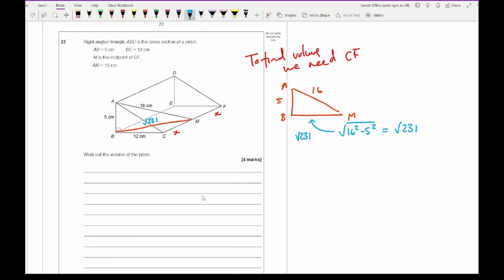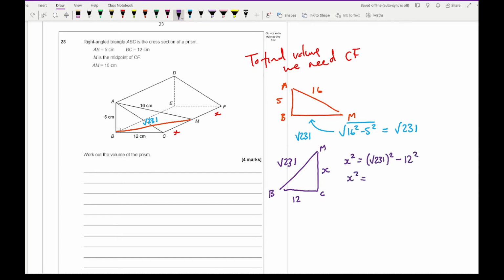Now again, what I need to do is work out x. So if I take out that other triangle, which is M, C, and B, this length here is 12, and this length here is square root of 231, and this is my value of x. So to work out x, x squared is going to be the square root of 231 squared minus 12 squared.